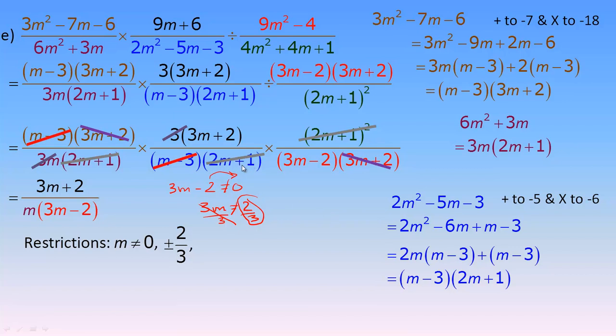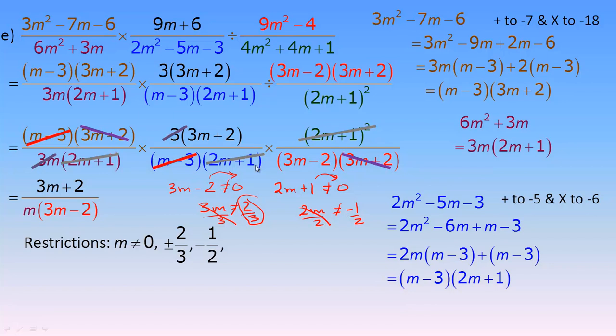Now from the blue 2m plus 1 here, if we look at the restriction from that one, 2m plus 1 can't equal 0, so bring the 1 over. 2m can't equal negative 1, divide out the 2. So negative a half is another restriction.